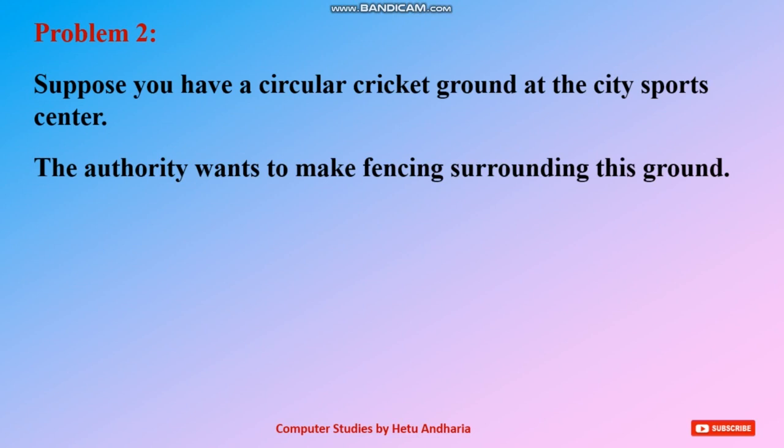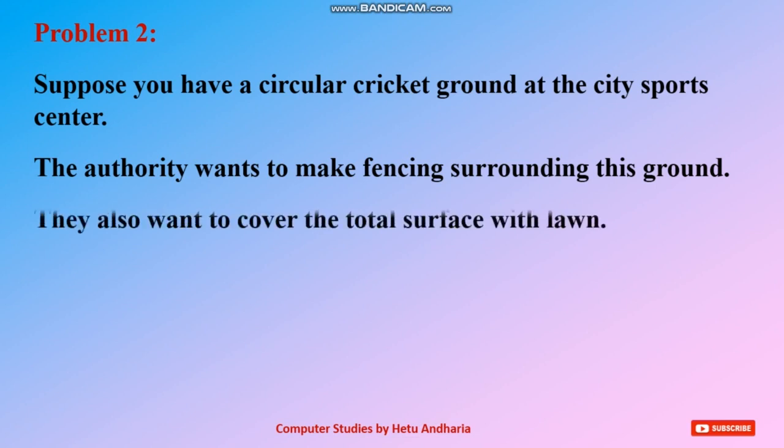So naturally here comes the question of calculating the circumference. Am I right? Fine. They also want to cover the total surface with lawn. So another calculation we have to do here is finding the area of that circular ground.